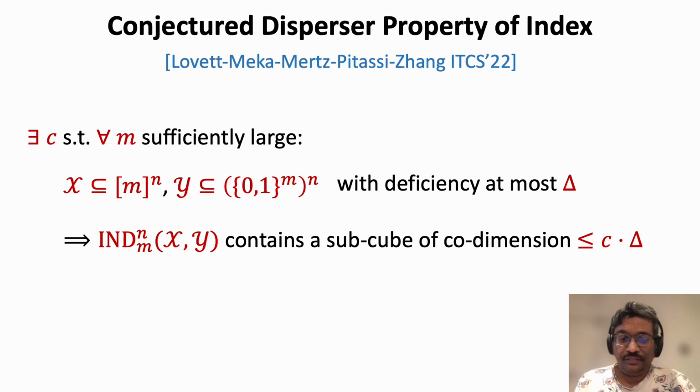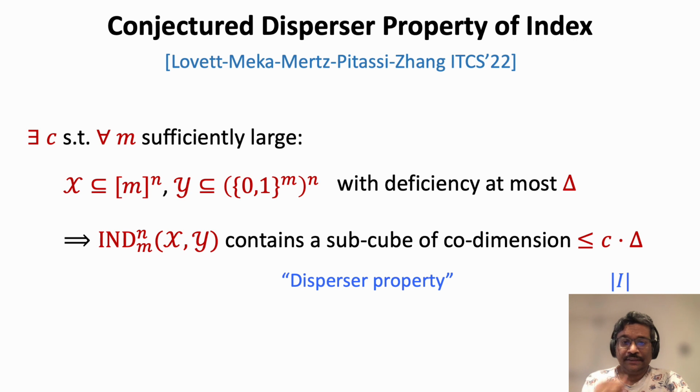So there's some set of coordinates I, which is at most C delta in size, such that if you exclude them, the index produces every possible binary string. So this is what it means to say that index contains a subcube of codimension C delta. And this is the disperser property of the index gadget.